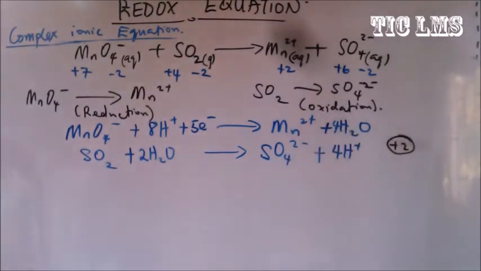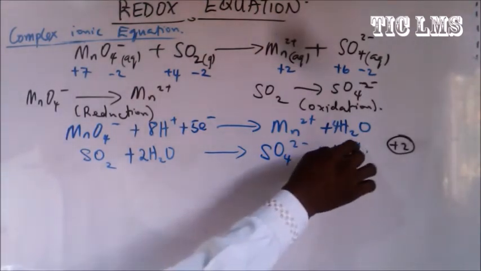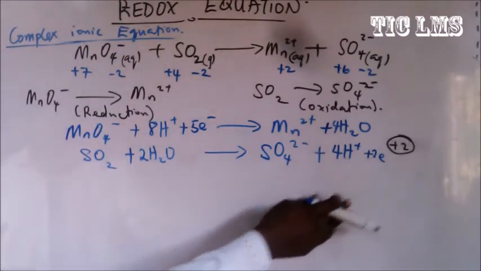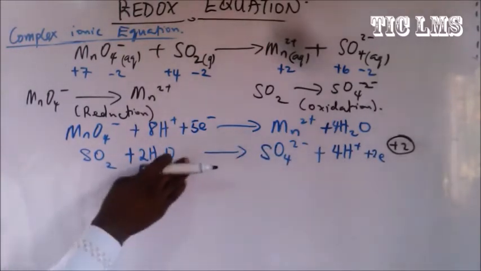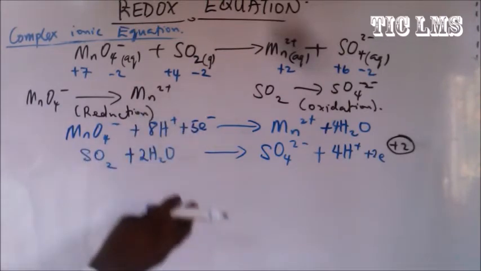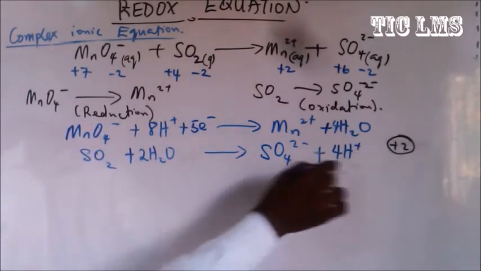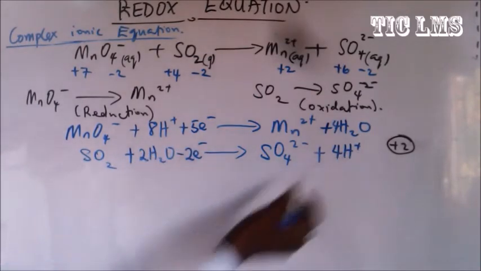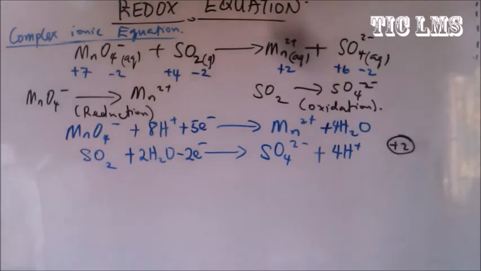To balance it up, what we could do is to add 2 electrons here. Now, we will not want to add it here. We would like to add it to the reactant side so that we will have the electrons on the reactant side of both of them. And so we'll take it off and we'll have it as minus 2 electrons. So instead of having plus 2 electrons here, we have minus 2 electrons here. Now this has balanced the equation.